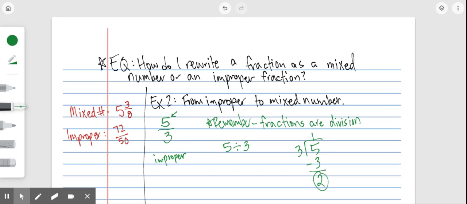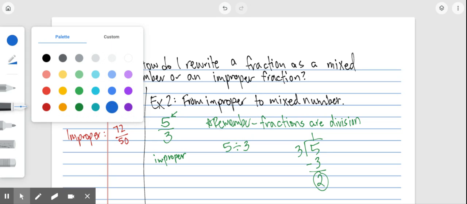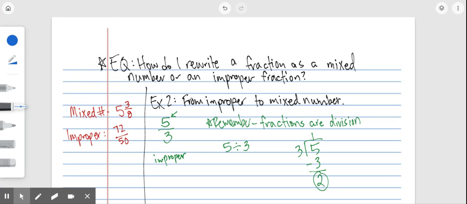Do you remember how I said that we can use remainders to rewrite a fraction? So this becomes a fraction, and all of these different components are pieces of it. We start with the whole number, which is the number on top. So 1 is the whole number.